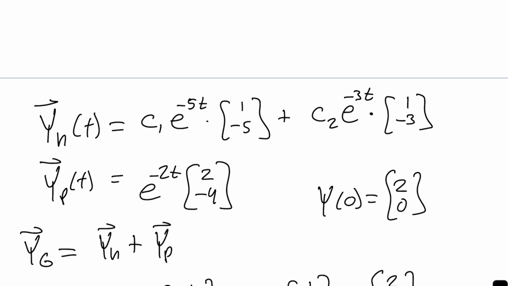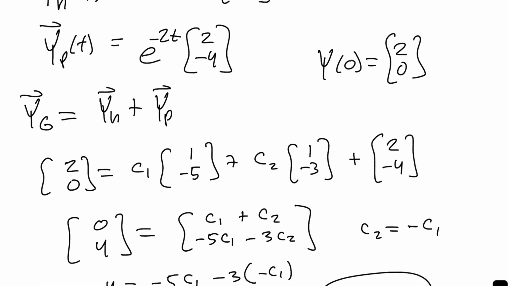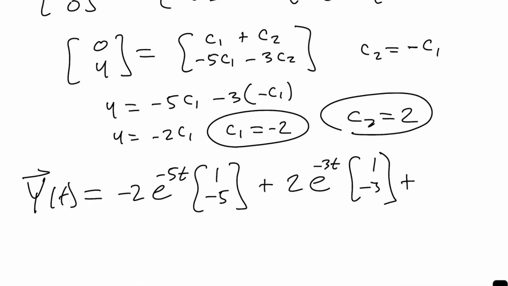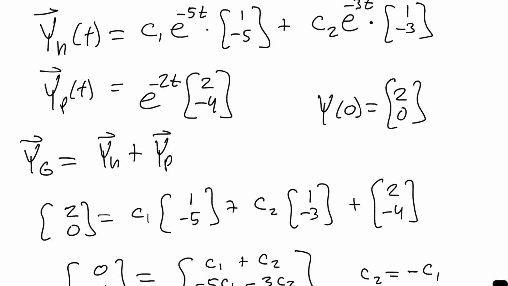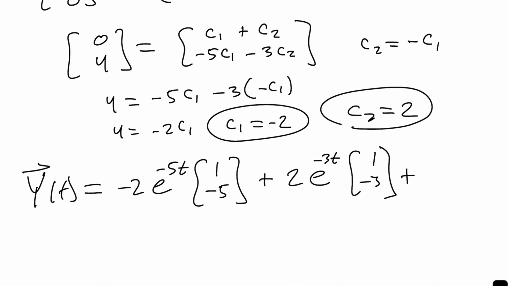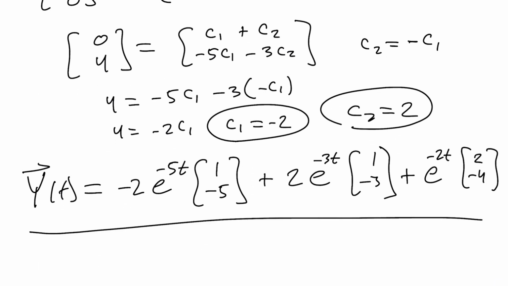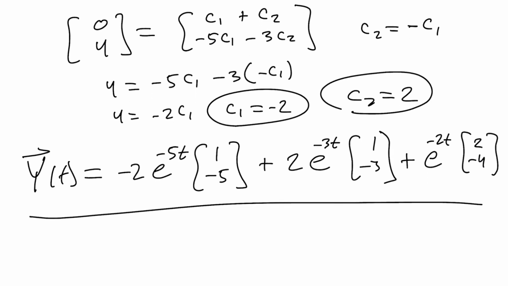That is that homogeneous solution we just found, plus the particular solution, which is e to the negative 2t times 2, negative 4. And that will solve the differential equation and satisfy the initial condition, and therefore that is the answer to part D, the solution to the initial value problem that we constructed.